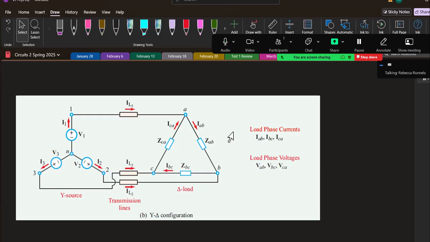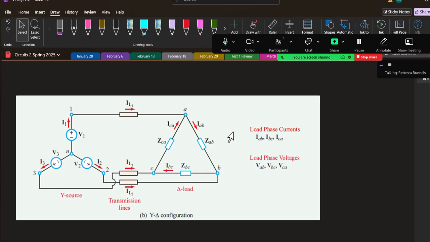Okay, so when I talk about the phase voltages, we're typically talking about the load. And so if I look at a delta load, then I can see that the phase voltages, like the voltage between A and C or the voltage between A and B, are going to be the same as the line voltages. So for which load configuration are the phase voltages the same as line voltages?